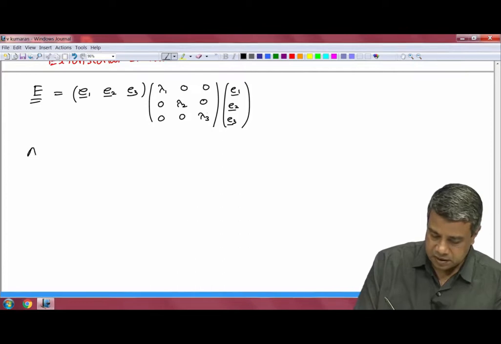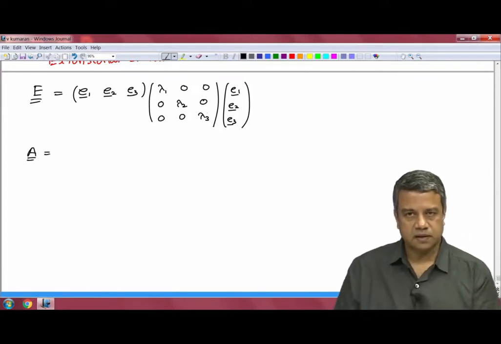Then there was the antisymmetric part of the rate of deformation tensor.